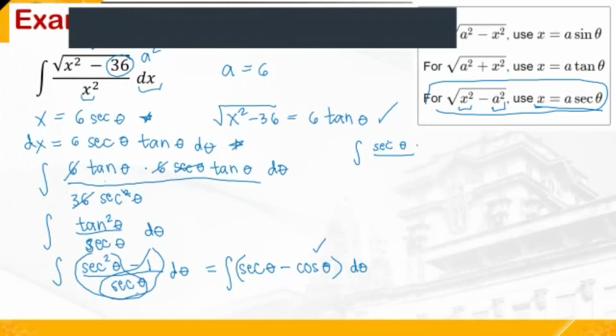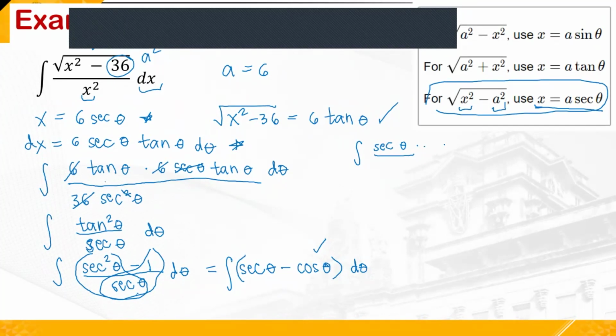Paano kaya yun? That will be what? Pwede natin gamitin. Integral ng secant theta is, kasi pwede natin sabihin, that is equal to 1 over cosine. Kaya lang, paano natin yun mai-integrate yung 1 over cosine? Like this?